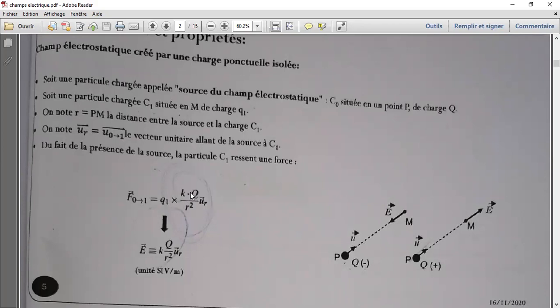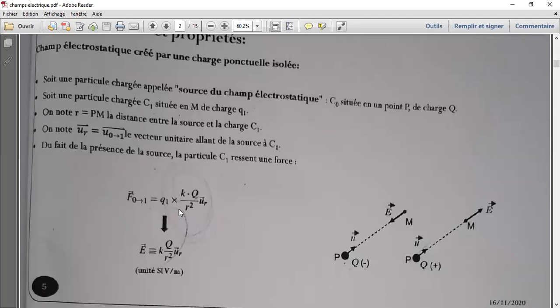Here Q1 and Q are charged particles. Notice that in the force formula you include the two charged particles, the one which causes the force and the one which receives the force.